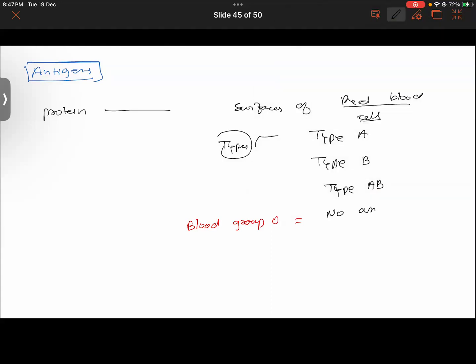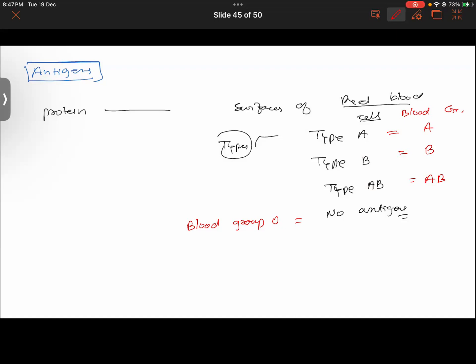While blood group A will have type A antigen, blood group B will have type B antigen, and blood group AB will have type AB antigen. Is everyone getting this or not? No, sir, please let me know.